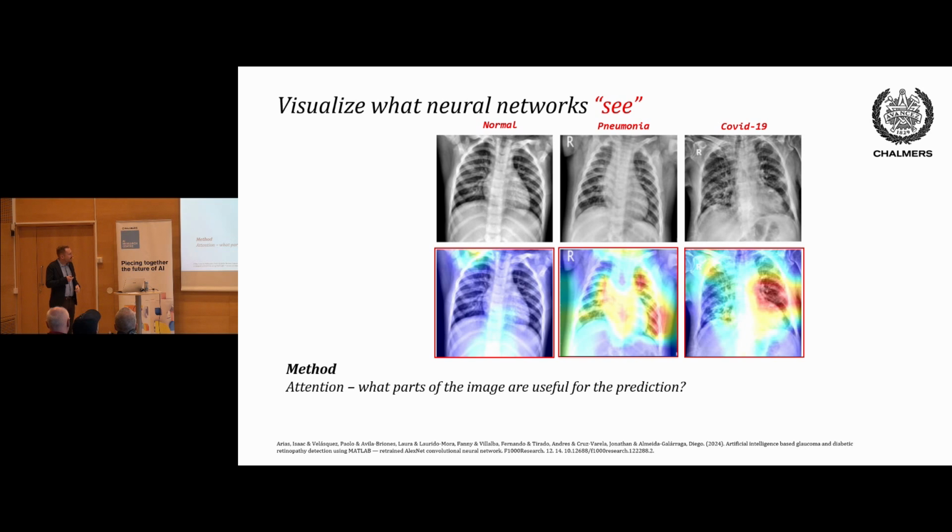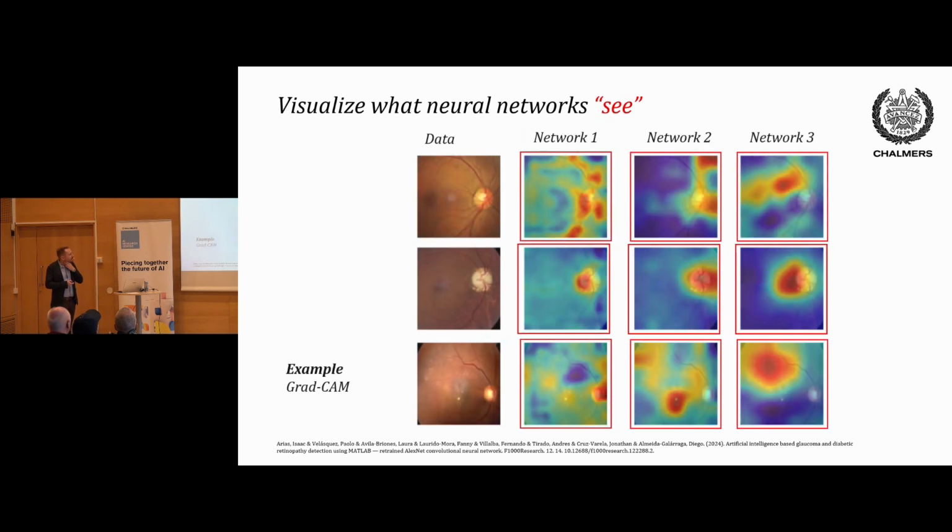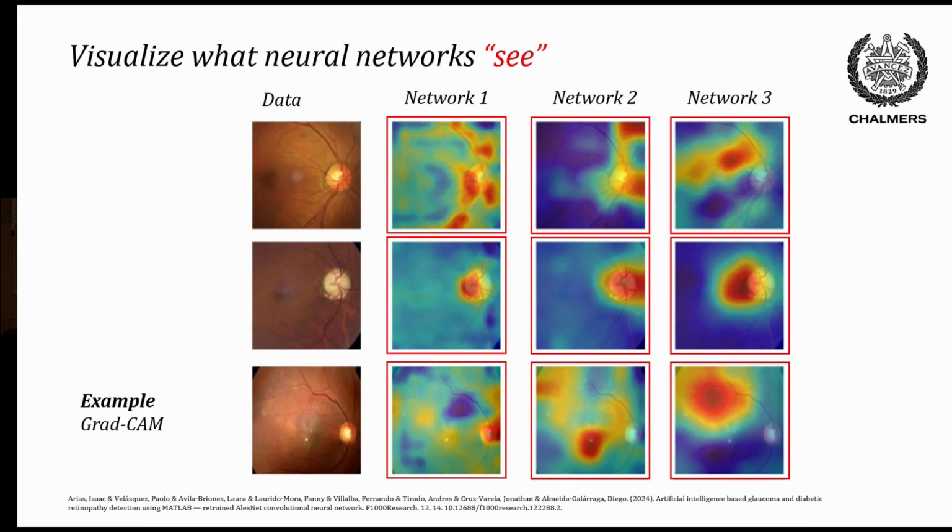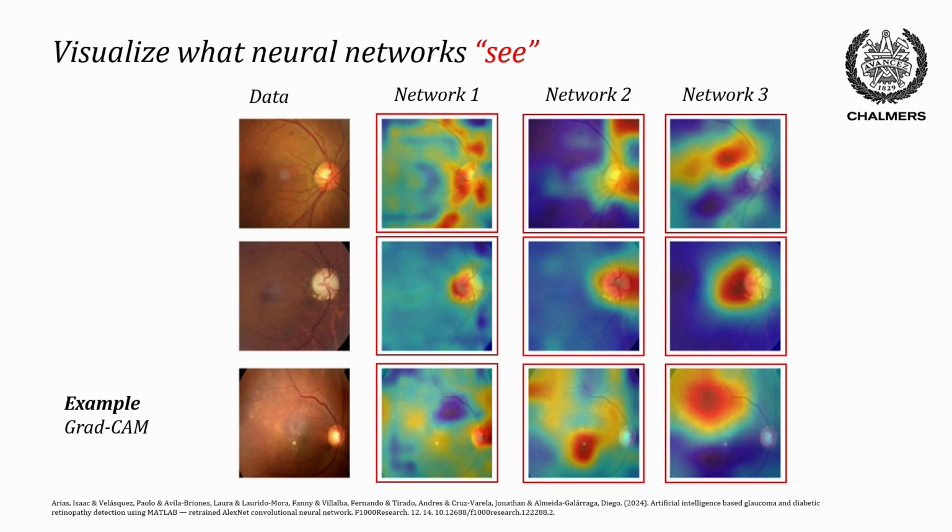The problem is that these methods have a tendency to not necessarily agree with each other. So these are 3 different neural networks, AIs, that have been given the same image of a retina and made the same predictions, but completely different estimates of what they actually see. So the top row, there's no coherence at all. The middle row, they basically agree, and the bottom row, not at all.